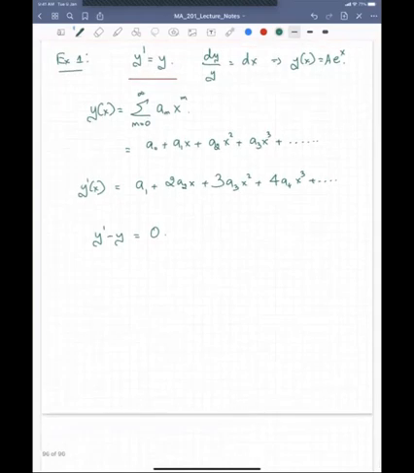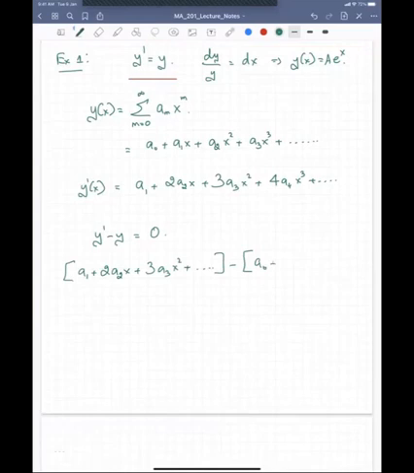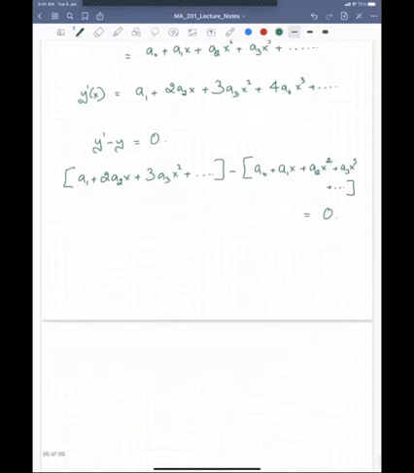What is y prime? y prime is a1 plus 2a2x plus 3a3x squared plus blah, blah, blah, minus a0 plus a1x plus a2x squared plus a3x cubed plus blah, blah, blah. This equals 0.